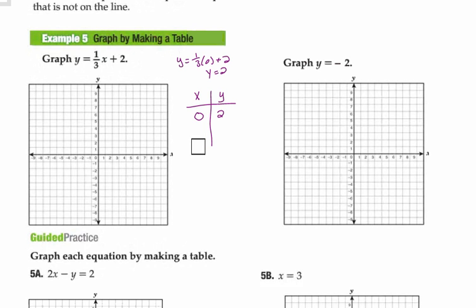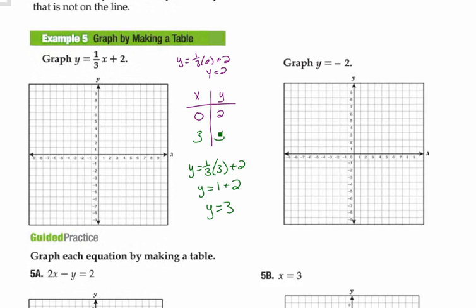Okay, I'm going to look at this one in green because I'm going to plug 3 in there instead. So when x is 3, y, and the reason why I have 3, look, that simplifies down nicely. Y is actually 3.